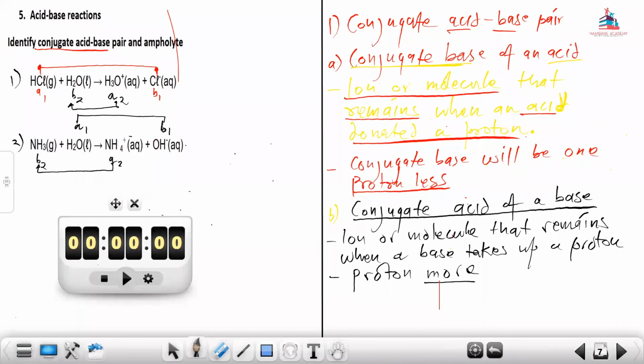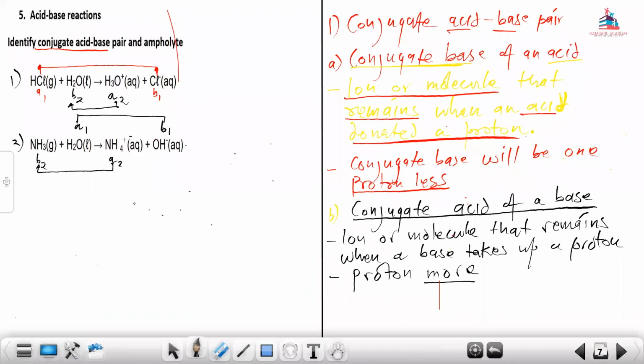I see 2 hands. Let me check who those are. Manuku. Yes, sir. So, sir, on the first reaction, H2O acted as a base, I guess. And on the second reaction, it acted as an acid.